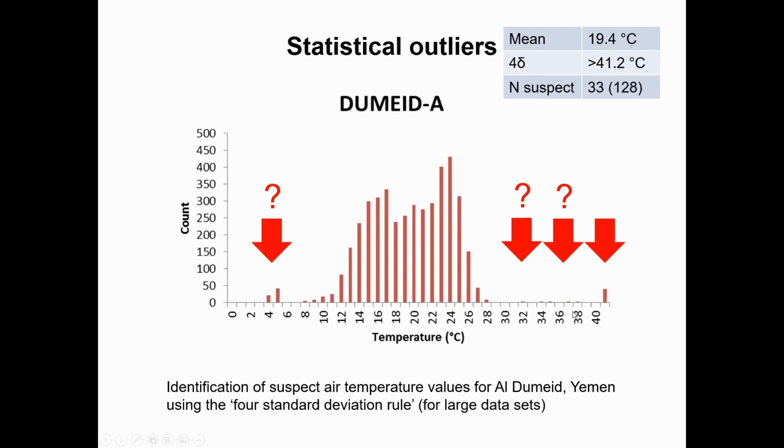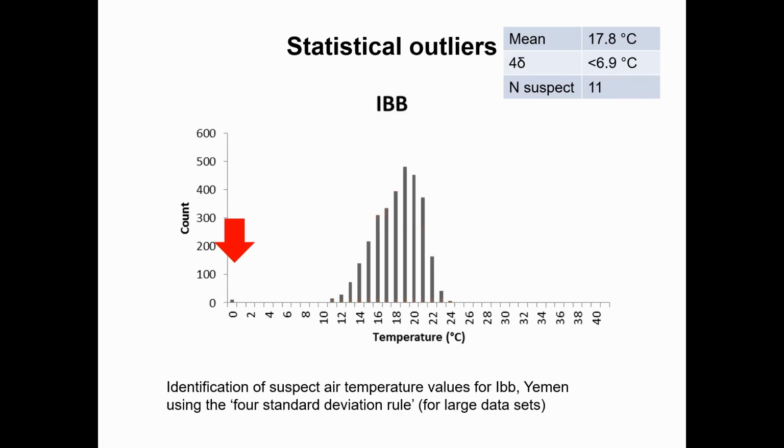So you're asking those questions as you look at the data. Here's another example of a temperature data set where you've got just this one outlier here, which is possibly a missing data code that's been set to 0 rather than some other value like -999 to define the data.